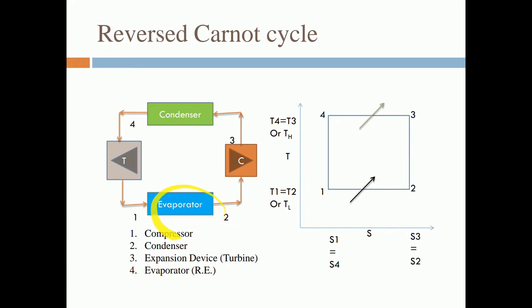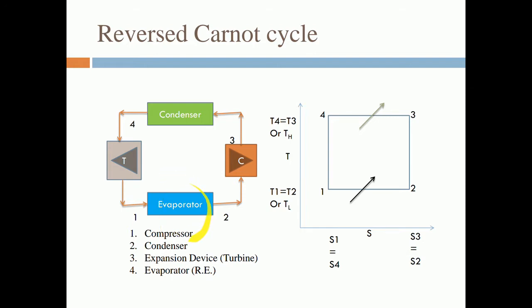In the evaporator we have the refrigerating effect, because at the entry of the evaporator the working medium is at a low temperature, low pressure, and in liquid form. So when it enters the evaporator, it will produce the refrigerating effect. How?